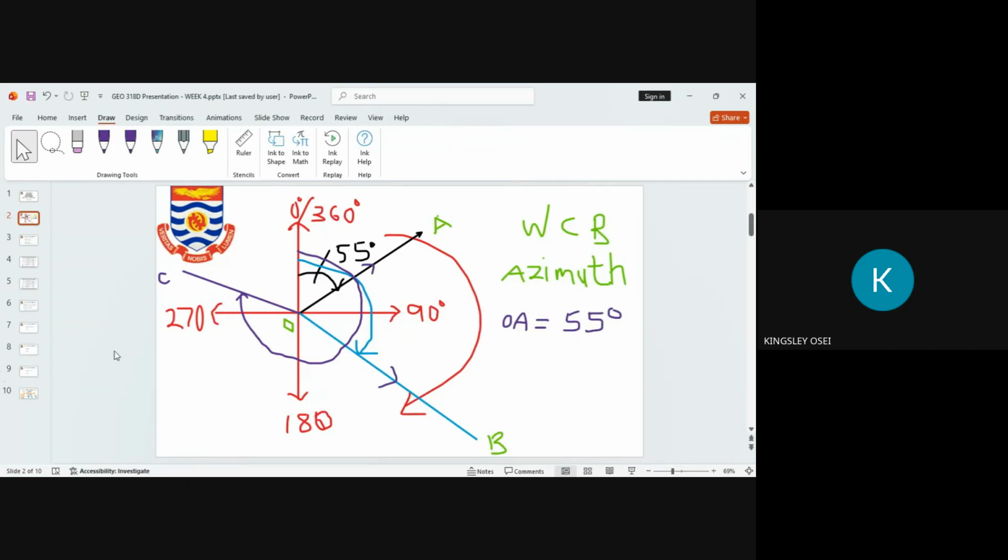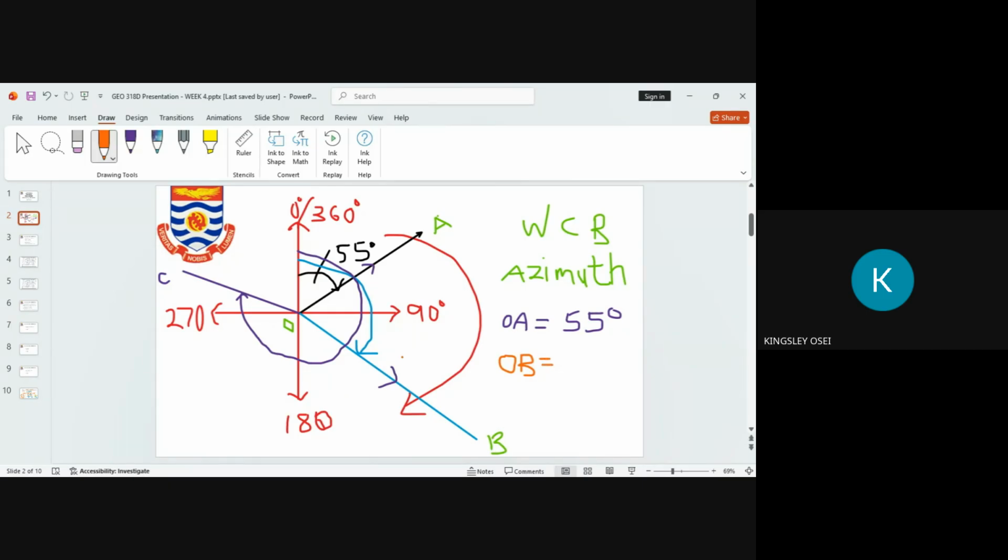Good. So OA is 55. Using another arbitrary value, let's say this time I go for OB. I'm just choosing a figure, but the figure must be more than 90 and less than 180.